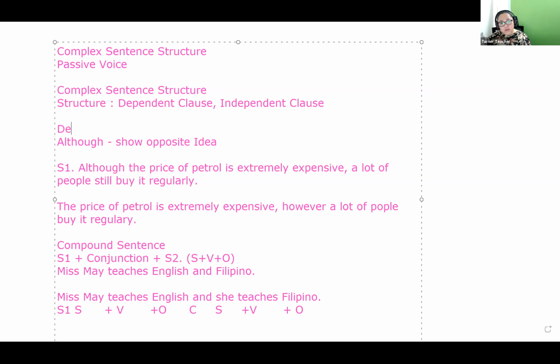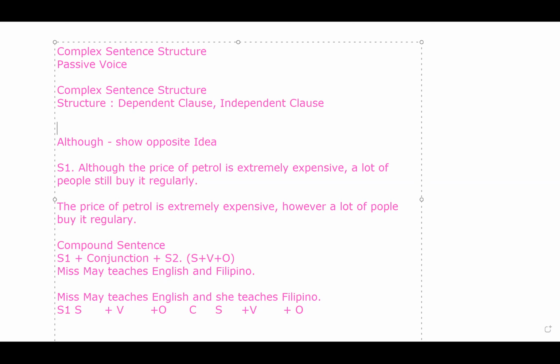So the only complex sentence that I want you to learn at this time is the although complex sentence. If we are going to learn other complex sentences, we have to do it on a different day, because different expressions would mean different purposes for your sentence. Does that make sense?